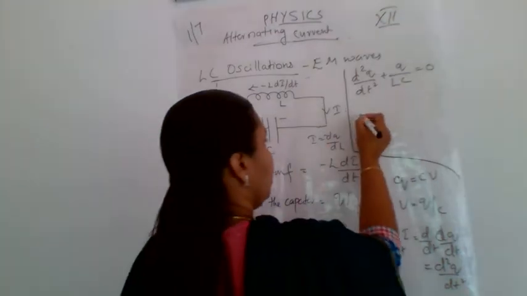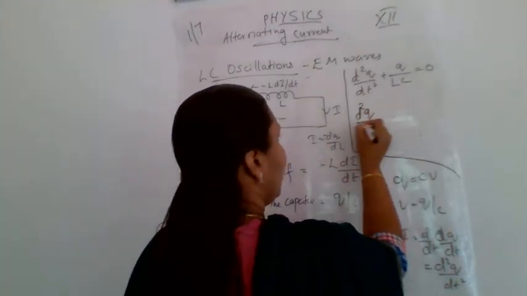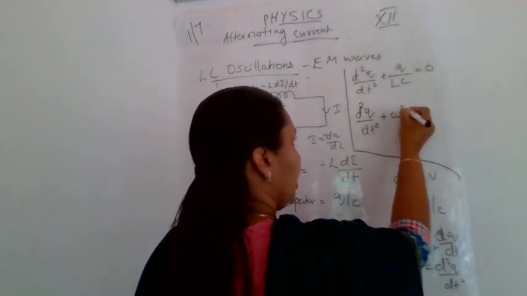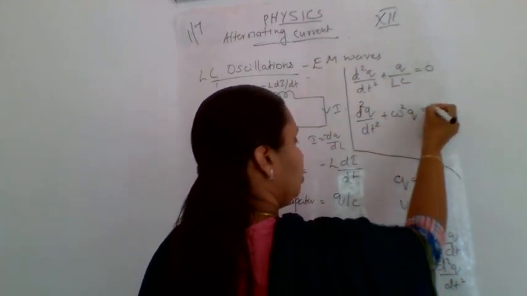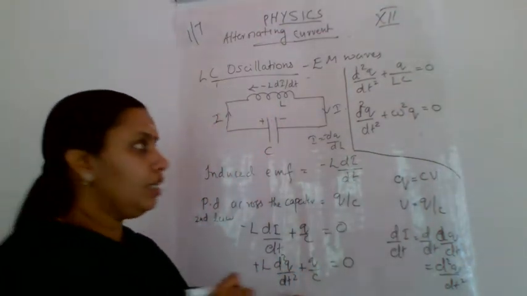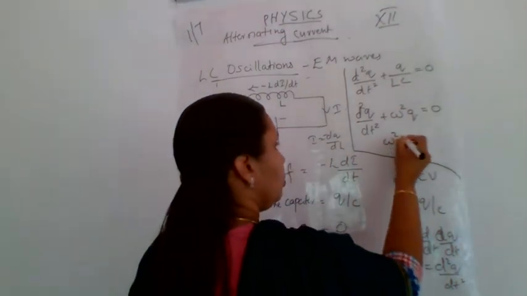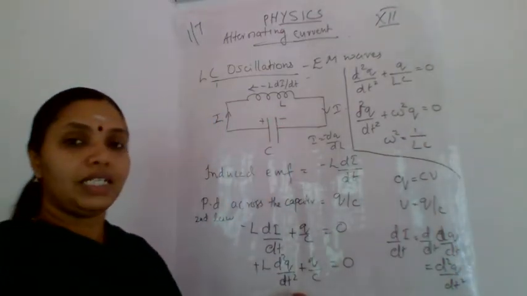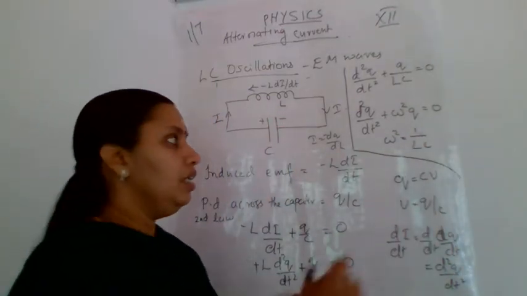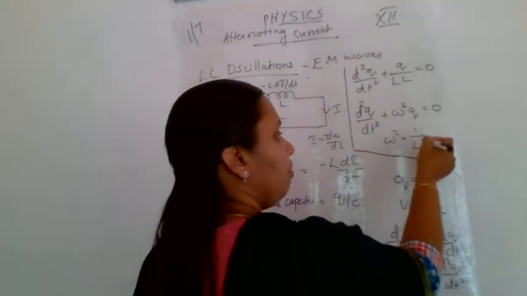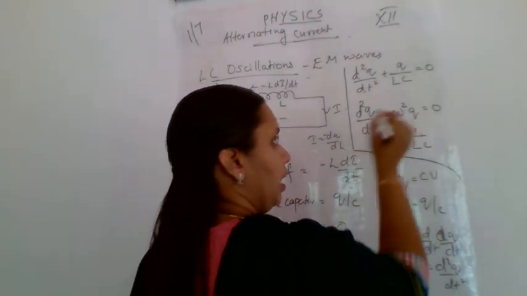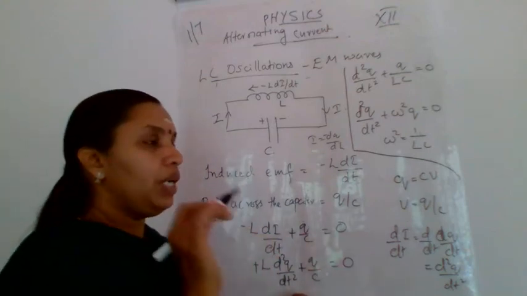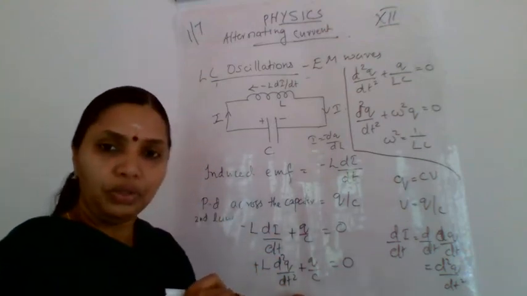So we can write the equation as d square q by dt square plus, I am taking this as omega square, q is equal to 0. Omega square is equal to 1 by LC. Okay, we have seen that omega is equal to 1 by root LC. So here, instead of 1 by LC, I am writing it as omega square. So d square q by dt square plus omega square q is equal to 0.